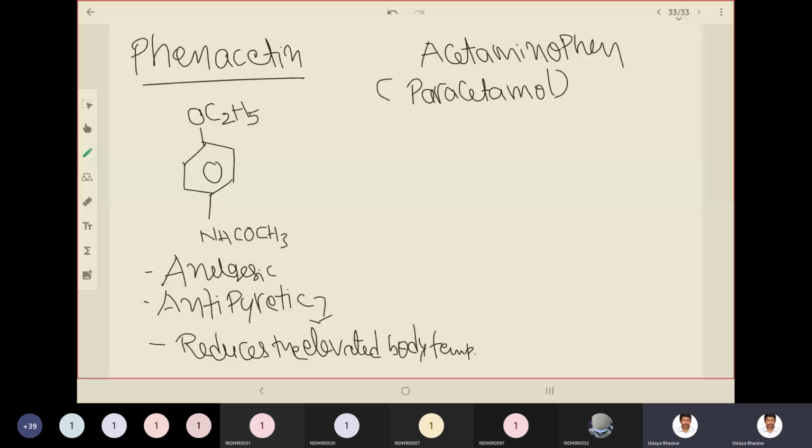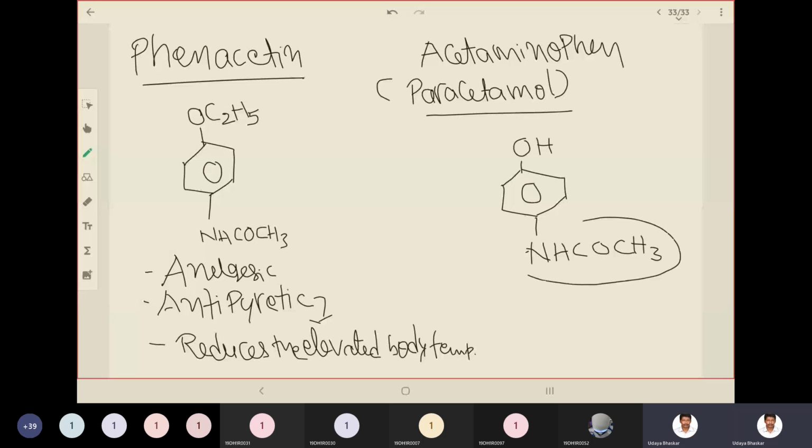Same structure as that of phenacetin, except that here it is alcohol, a hydroxy group.